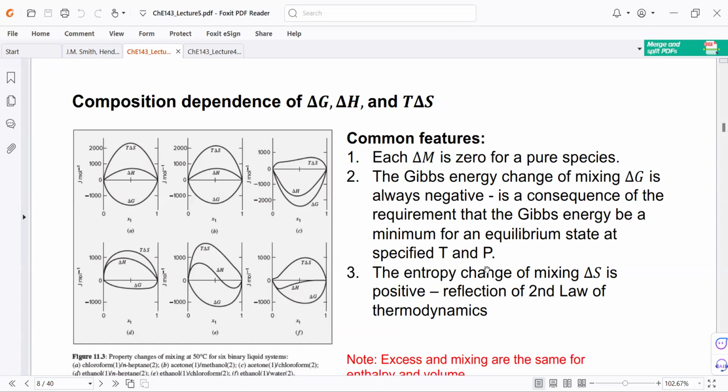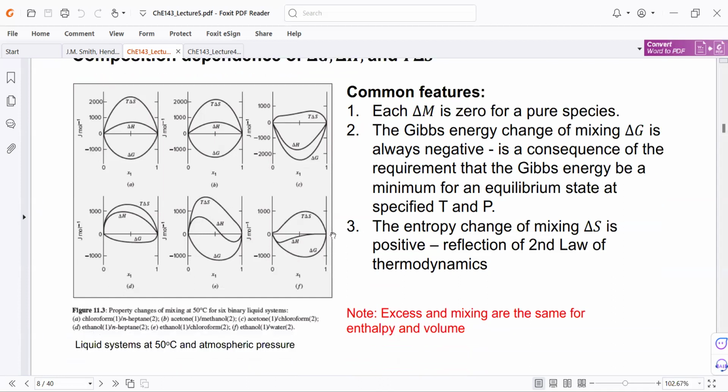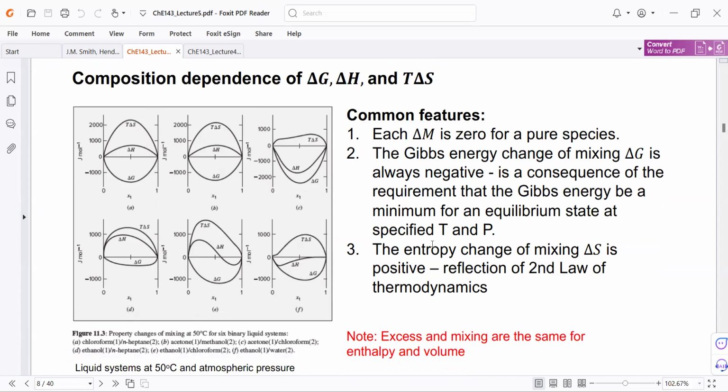And finally, the entropy change of mixing is always positive. That also means that when we mix species in a system, the entropy increases. There's a positive entropy increase, a reflection of the second law of thermodynamics, which means when we mix two or more species, the randomness of the system increases, which is true when we do mixing.